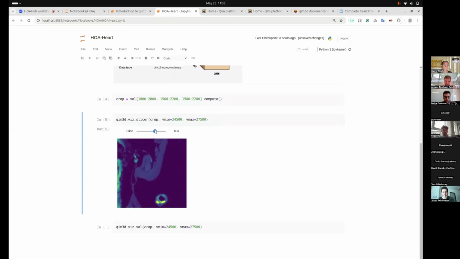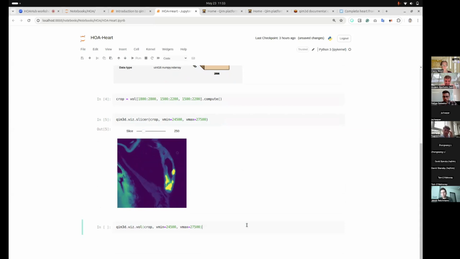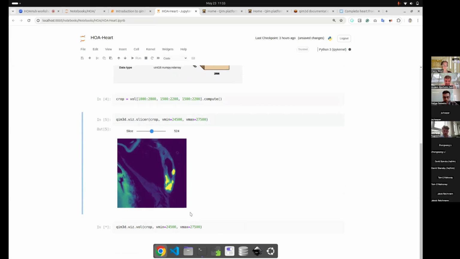Even though we're used to scrolling through images like that, it can be a little bit hard to understand what the structure actually is. So we can call the volumetric visualization that we saw before for this specific part. This will take, I think, a few seconds, and then it's the last thing that we can see together.